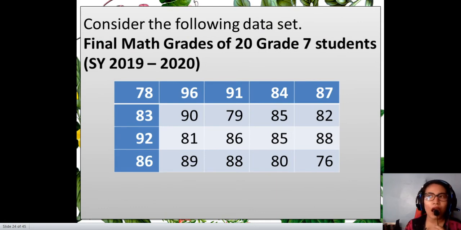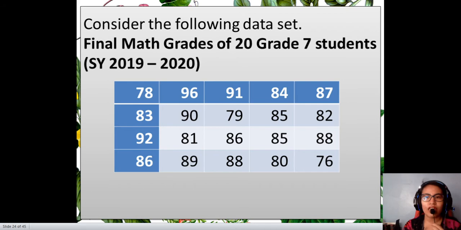How about for grouped data? So we have the following data set. Our focus now is the final math grades of 20 grade 7 students for the school year 2019 to 2020. So this is last year. This is just an example that the 20 students have these as their final math grades.